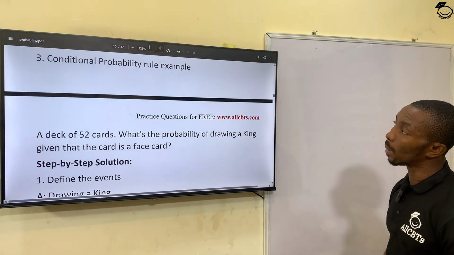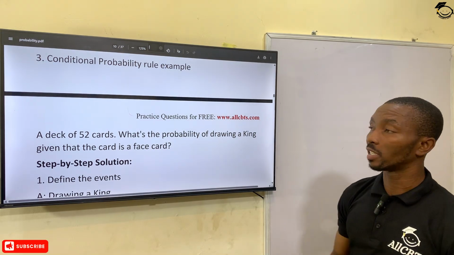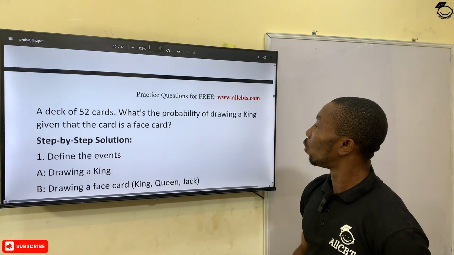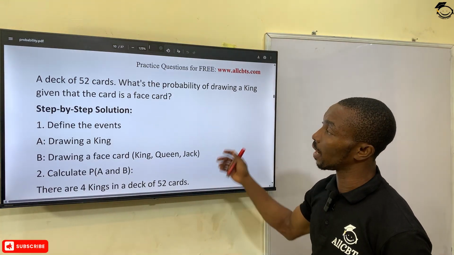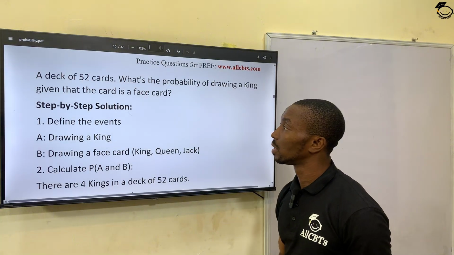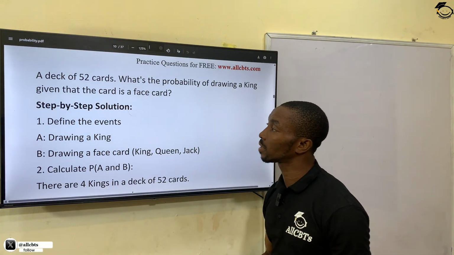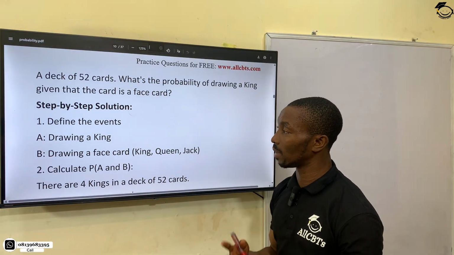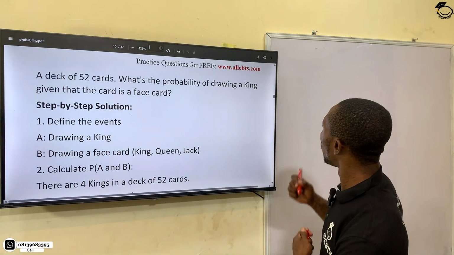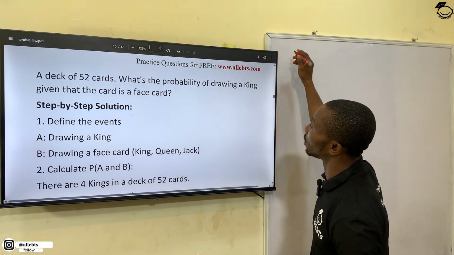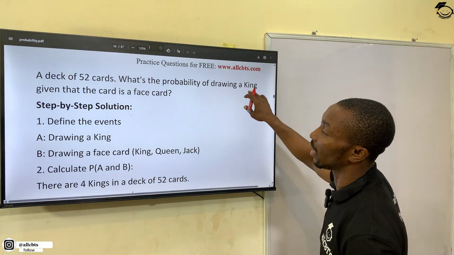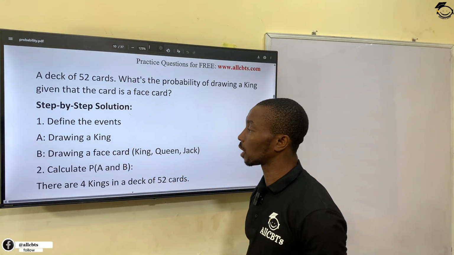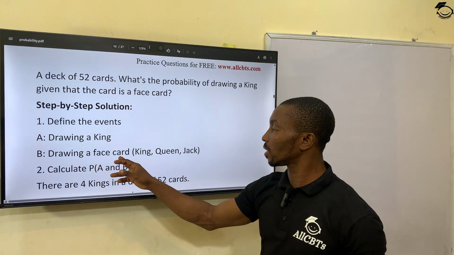For the conditional probability rule, let's look at our example as a deck of 52 cards. What is the probability of drawing a king given that the card is a face card? Now, our step-by-step solution is first we'll define the event. Our first event is to draw a king, and the second event is a face card.